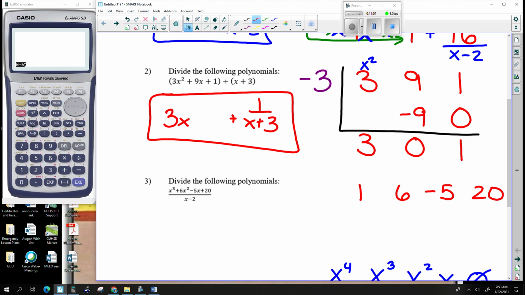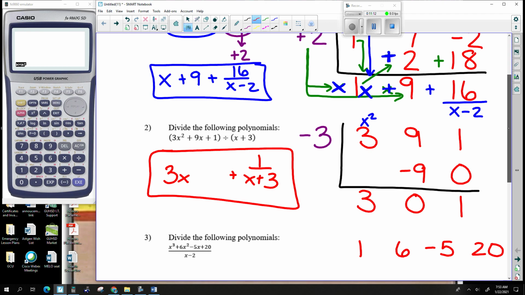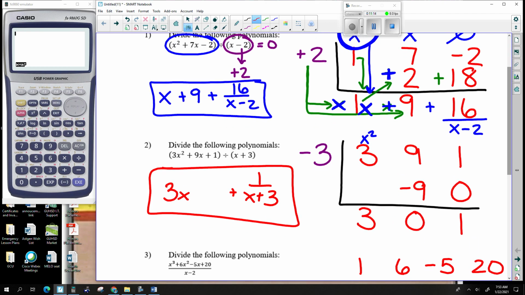So you write down the numbers. That outside number is opposite of what you're dividing by. So in number 1, it was minus 2, so it's a plus 2. In number 2, it's a plus 3, thus it's a minus 3. You drop the first number, you multiply these outside numbers, and you add the inside numbers.